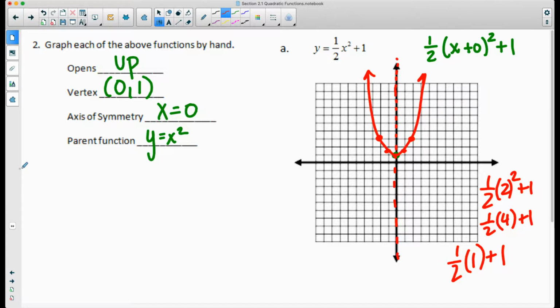So let's say I wanted you to do this by transformations, which I would never specify. However you want to graph it. But if I did tell you, you would take every one of your y values and multiply it by 1/2.